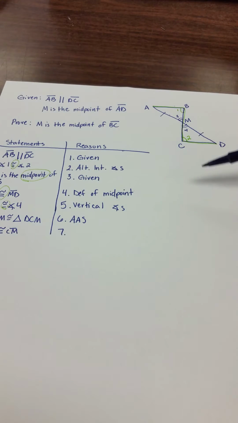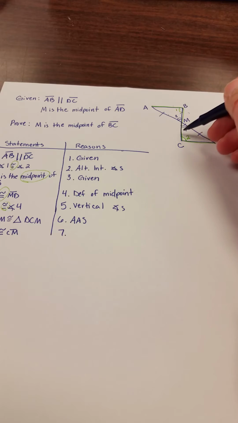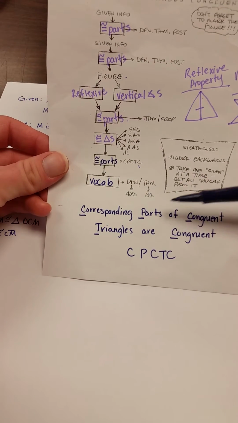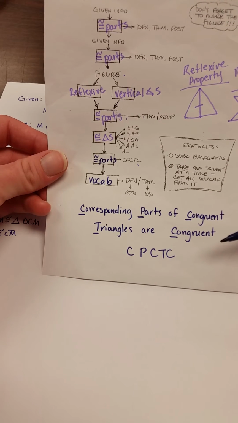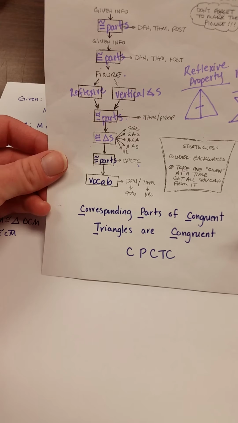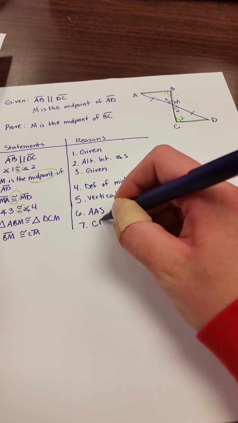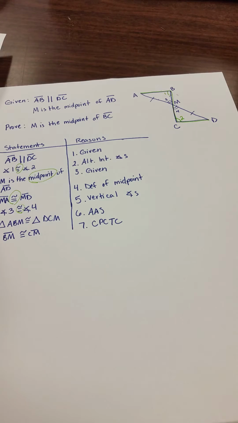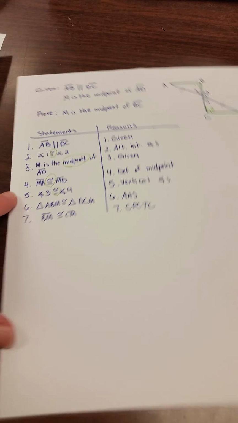And the reason we know that BM has to be the same as CM is because corresponding parts of congruent triangles are congruent. So if the triangles are congruent, all of their corresponding pieces are congruent. So we're not going to write out that big sentence. We're just going to use the acronym CPCTC. So these segments are congruent because of CPCTC.